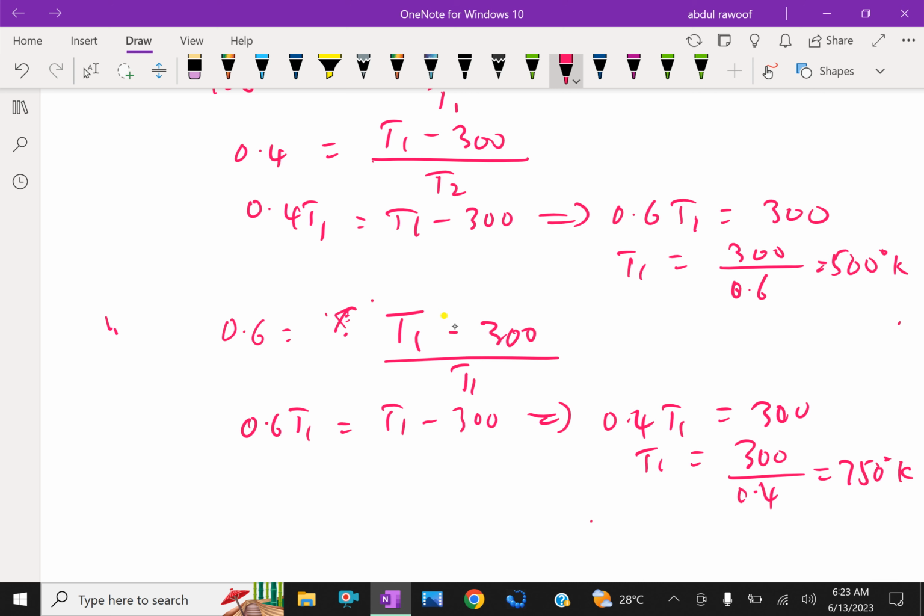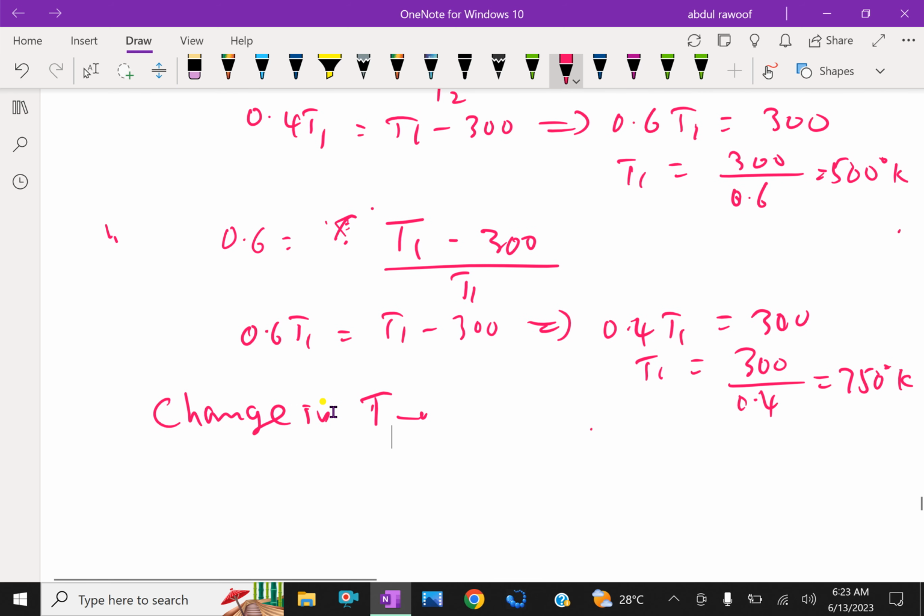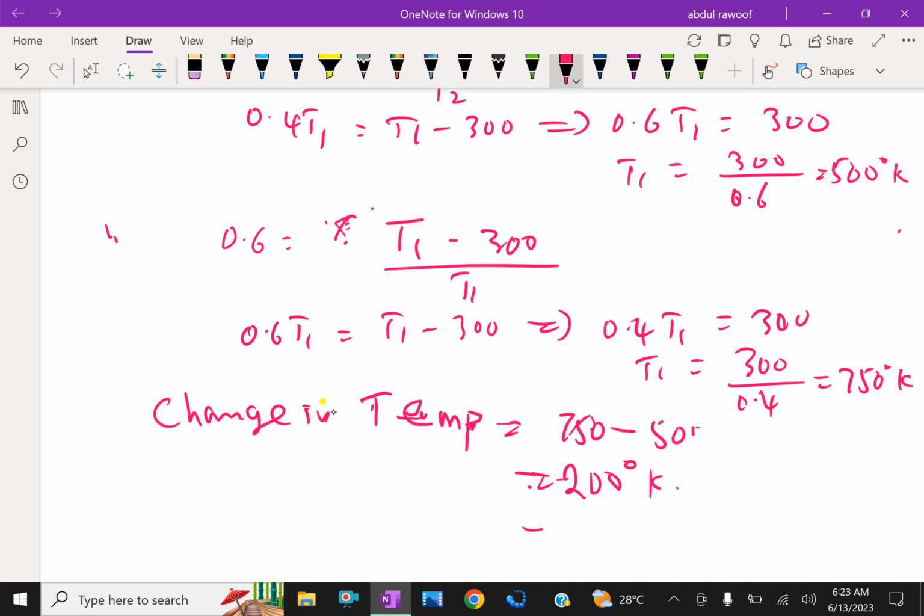Therefore, the change in temperature is 750 minus 500, equal to 200 degrees Kelvin.